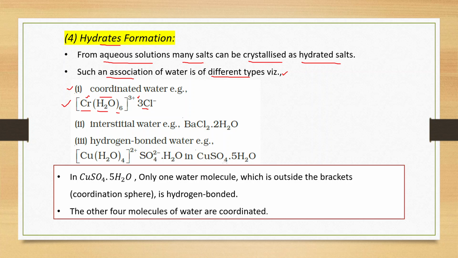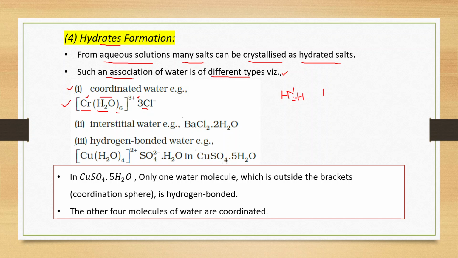Now, what is this coordination bond? We have discussed the covalent bond. Just see, in a covalent bond, a bond is formed by sharing a pair of electrons. In this pair of electrons, one electron is shared by this one and one electron is shared by this one.